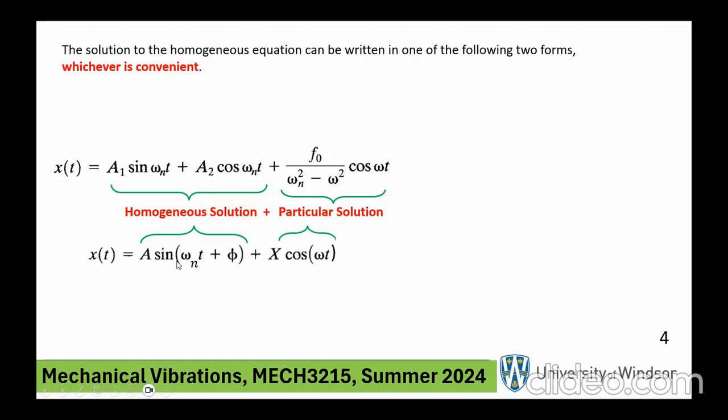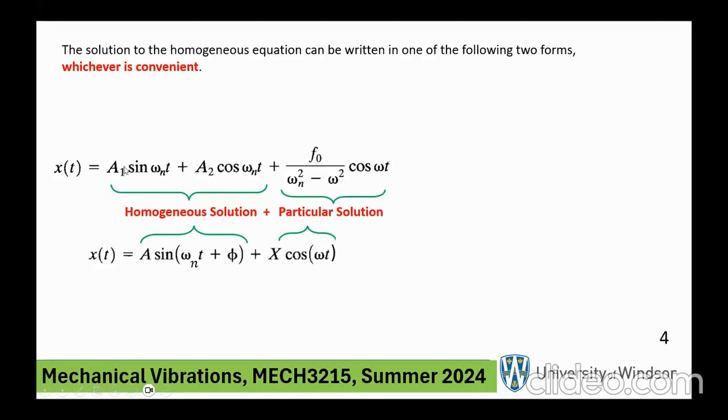And if you ever wonder, let me remind you what you do. You expand sine of the sum of two angles as the product of sine and cosine plus cosine and sine. And you rename, for example, big A sine of phi as A2 and big A cosine of phi as A1.